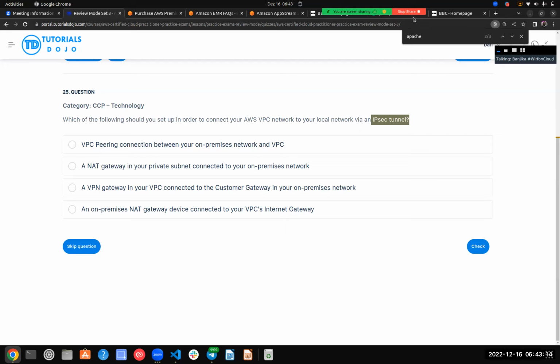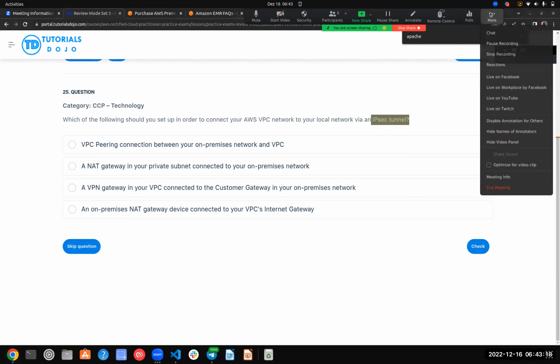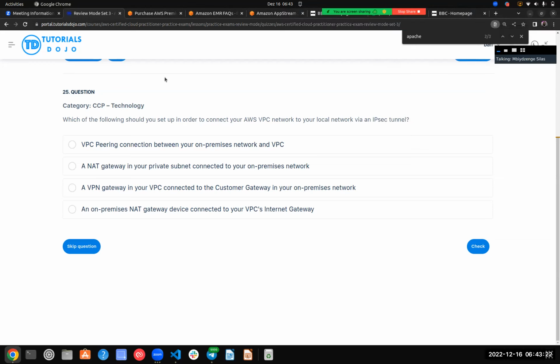It's definitely not gateway. You are connecting your VPC network to your on-premises network.